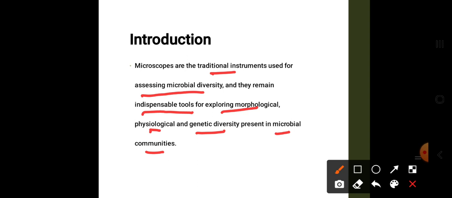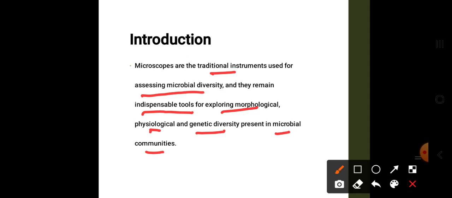What are microscopes? Microscopes are the instruments used to study microbial diversity, and they remain indispensable. Indispensable means that they will not go out of view or be dispensed with. Tools for exploring: what is the use of a microscope?